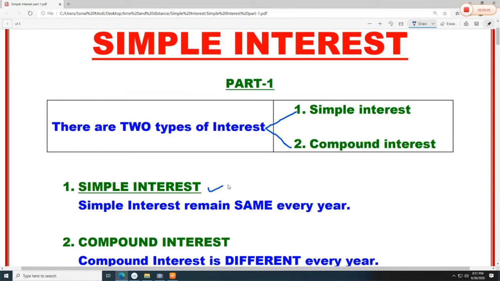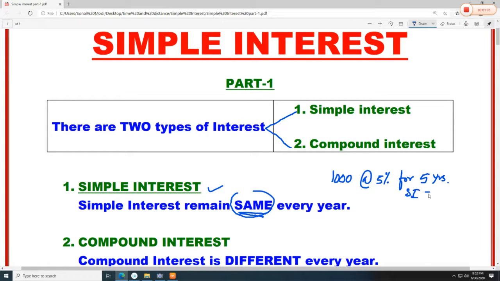Now what is simple interest? Simple interest remains the same every year. So please remember, simple interest remains the same. For example, 1000 at 5% for 5 years.